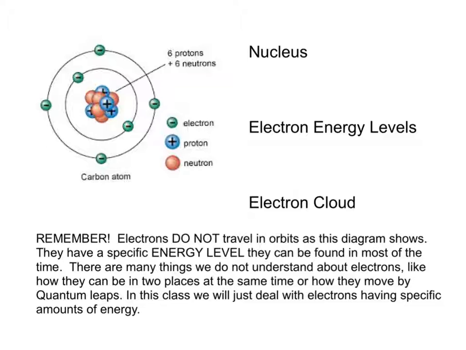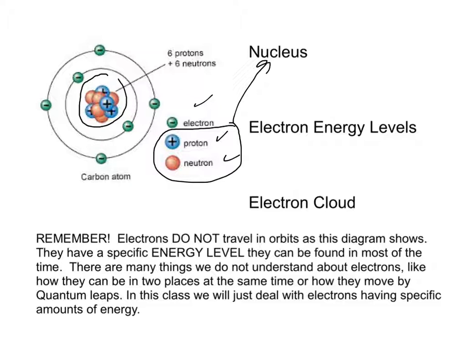Now, as we can see here, an atom is made up of electrons, protons, and neutrons. The protons and the neutrons are inside the nucleus, which is the center of the atom. And actually, that's where all the mass is.